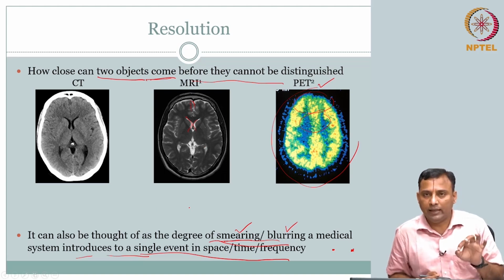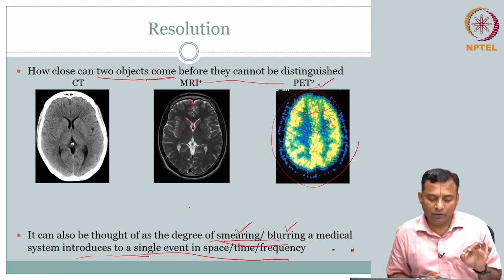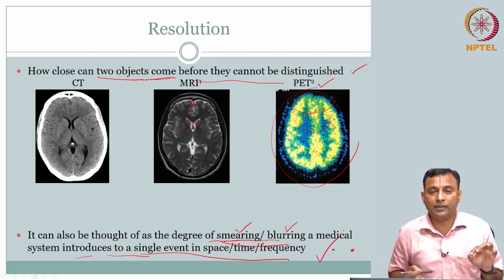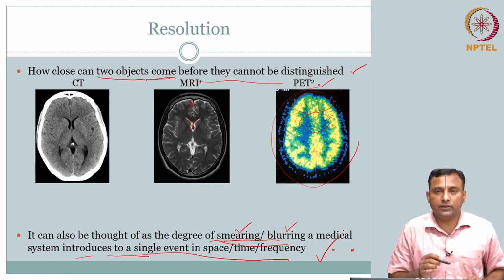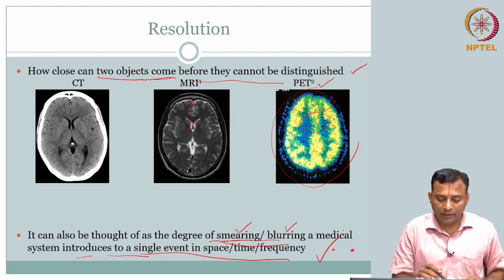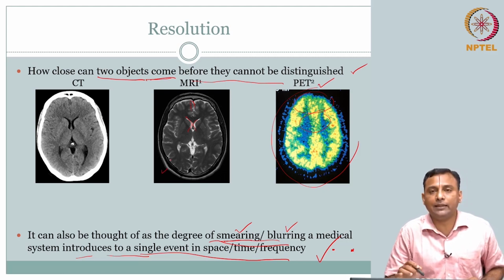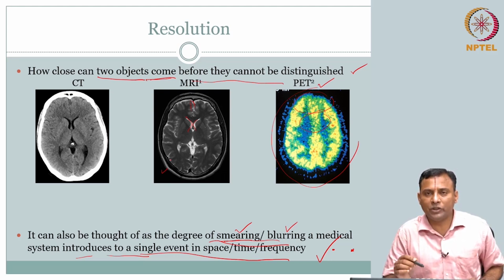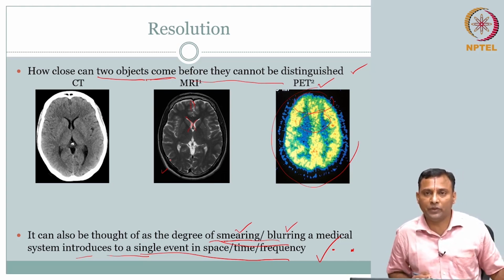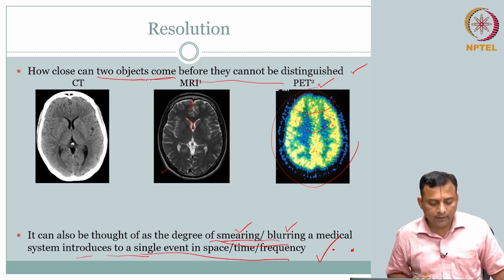We still have not captured any metric, but by using these two senses of what resolution means, it is not difficult to appreciate which modality has better resolution. Remember, I keep reiterating this because resolution also affects contrast, which is why we are using the same image.